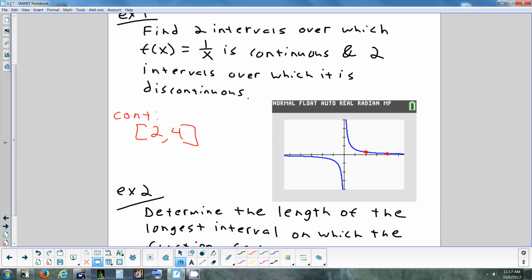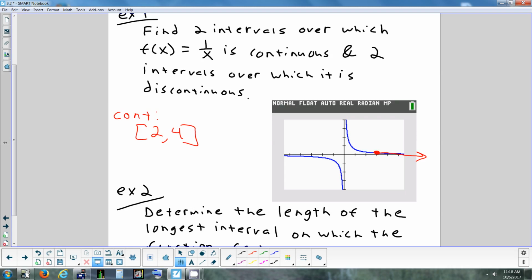Okay. Somebody give me a second interval on that graph that is continuous. Casey? From 3 to infinity. Sure, that's a different kind of interval. That's an unbounded interval that's continuous. You could trace where Casey just said from 3 to infinity without ever lifting your pencil.